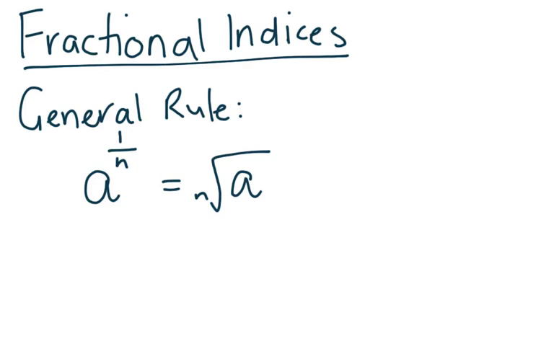If we have something like a to the power of 1/3, it means it's the cubed root of a. Or a to the power of 1/4 is the fourth root of a. And what it means by the third or the fourth root is some number multiplied by itself 3 times is the cubed root, and some number multiplied by itself 4 times is the fourth root, etc.